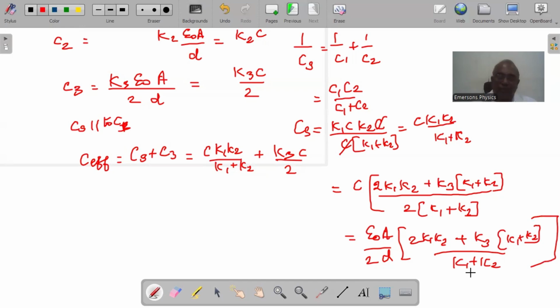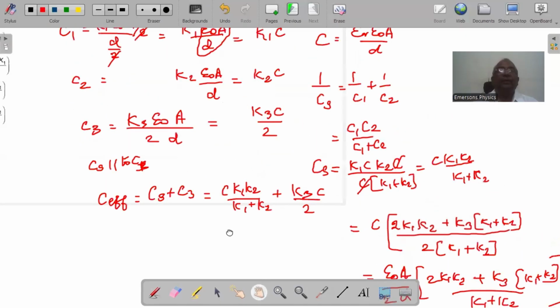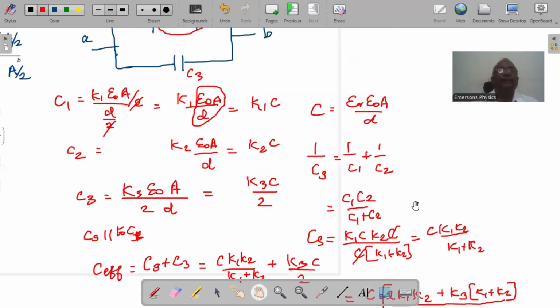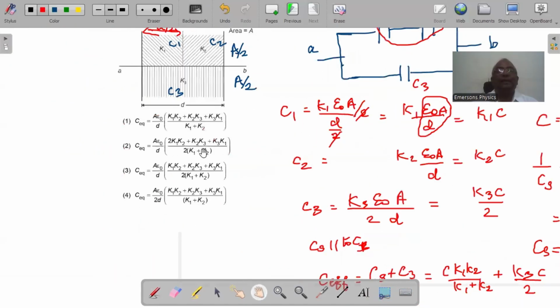So we will see which option this is. They have written it in different forms, with K1 plus K2 and epsilon naught A by D. See option 2: this 2 is multiplied inside.